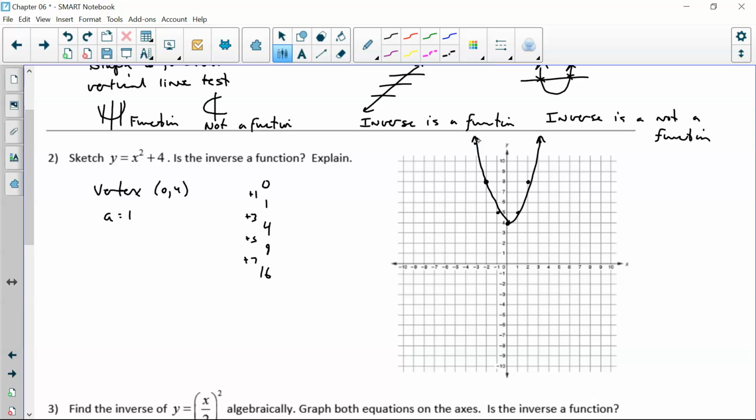Now, that graph is a function. But this question is saying, is the inverse a function? And no, it's not. No, the inverse is not a function. It fails the horizontal line test.